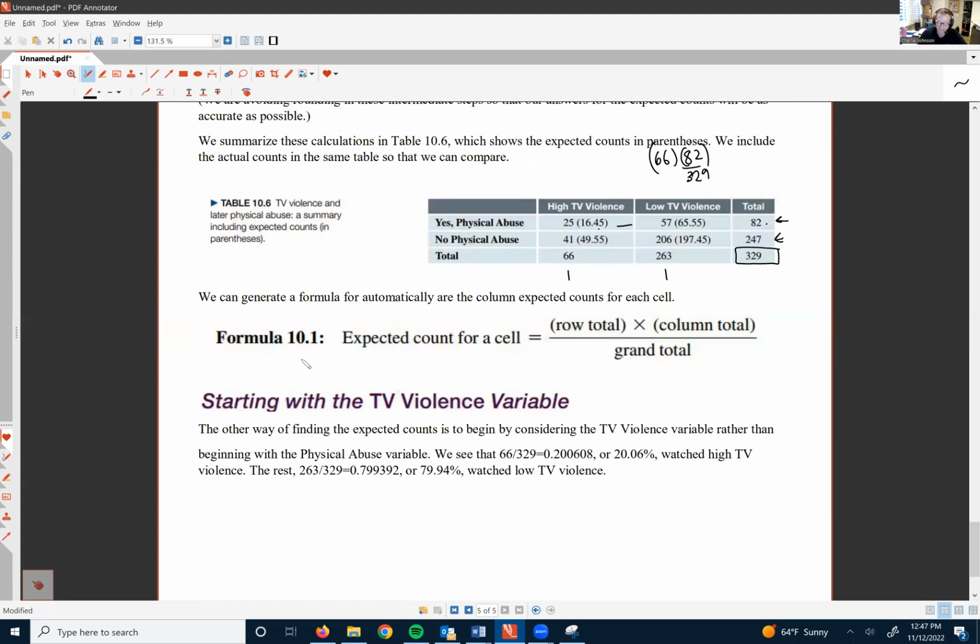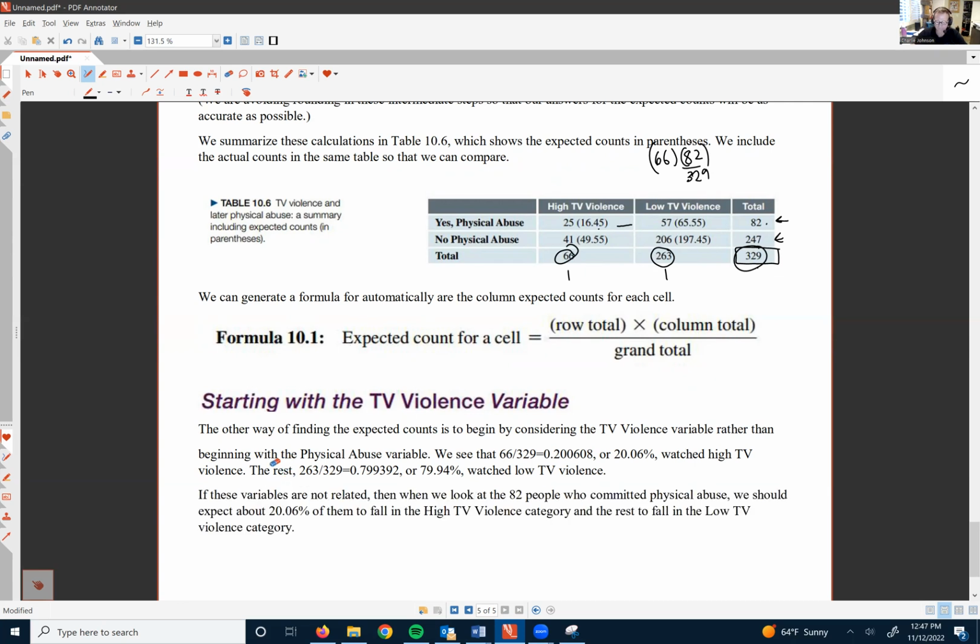So we see that 66 out of the 329, or about 20.06%, watched high TV violence. The rest, 263 out of 329, watched low TV violence. If these variables are not related, then we look at the 82 people who committed physical abuse. We should expect 20.06% of them to fall in the high TV violence category and the rest to fall in the low TV violence category.